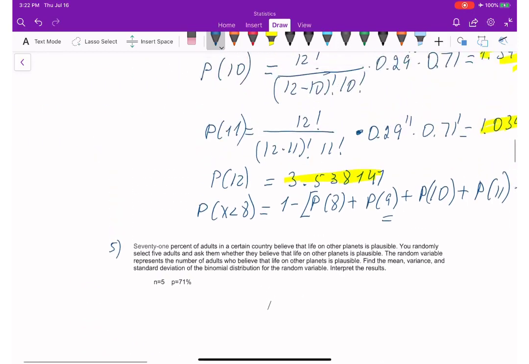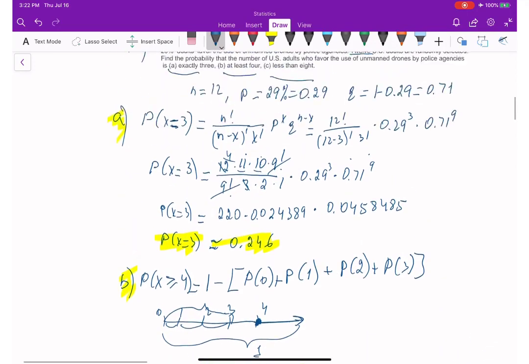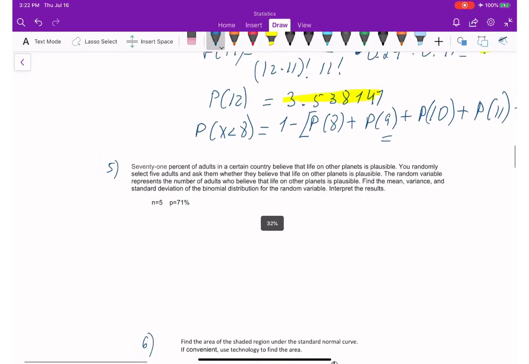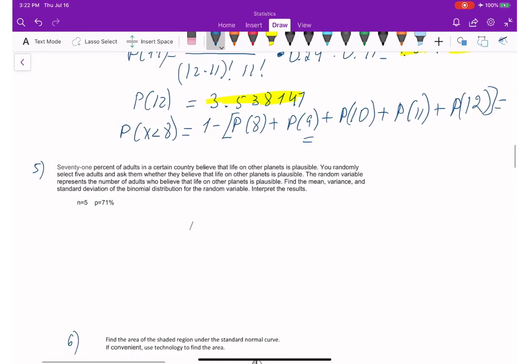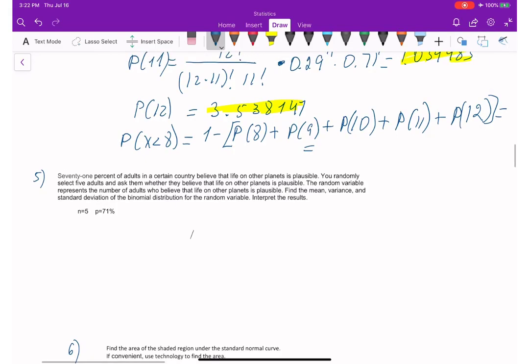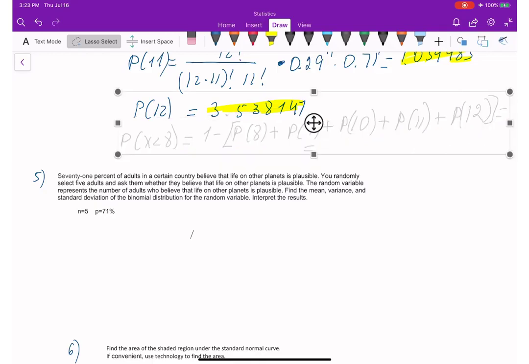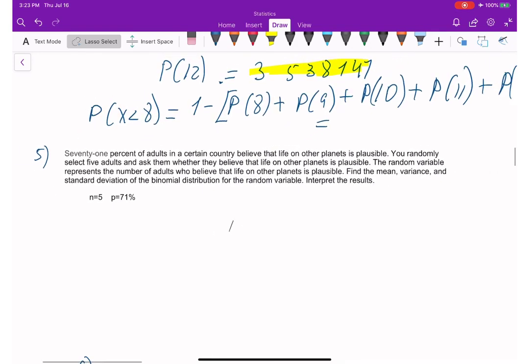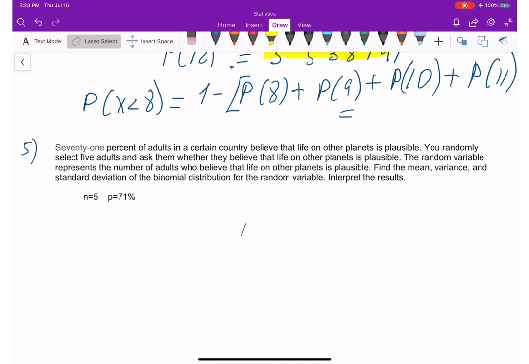Question number 5. This was number 4. Moving to question number 5. Okay. Let me move this one a little bit here. So, question number 5, what do we have here? 71% of adults in a certain country believe that life on another planet is plausible.